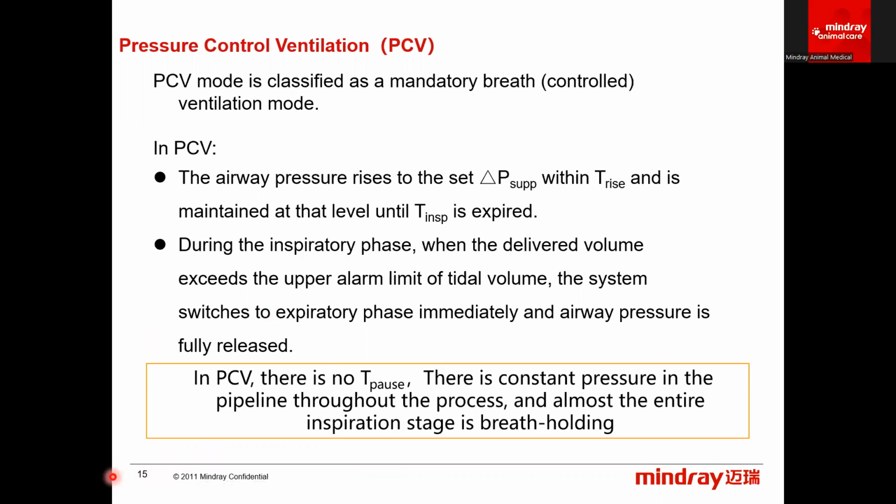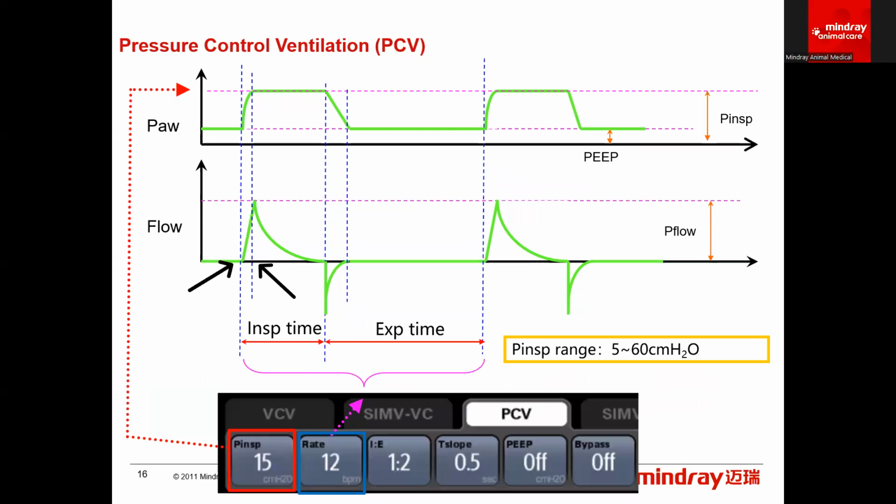So in PCV, compared to VCV, there is no T-pause segment because the entire inspiration stage is breath holding, and you'll get a better idea of that when we look at our flow time and pressure time waveforms. Like we saw with volume control, the flow was constant, so it immediately reached a certain rate and held at that rate.